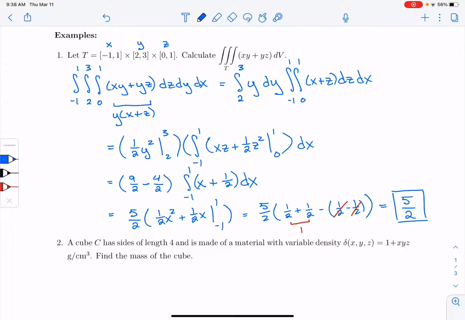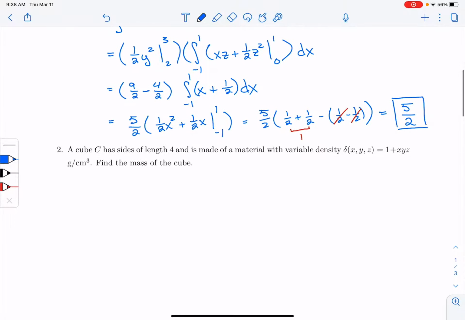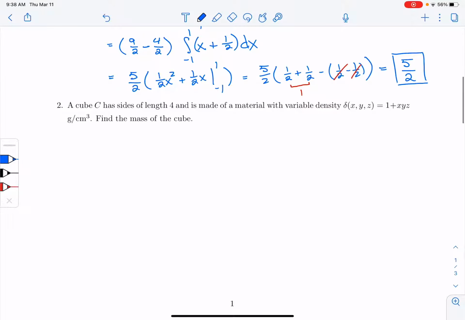So this is a nice rectangular domain. I'm going to do one more example that also has a rectangular domain. It gives you a little sense of how we can use triple integrals in some sort of application. This says that a cube C has sides of length 4 and is made of a material with a variable density.